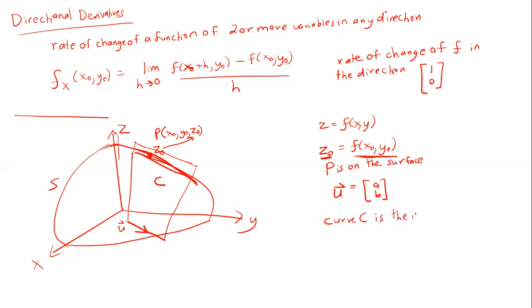So the curve C is the intersection of the surface with the plane in the direction of u. I guess I should say the vertical plane.